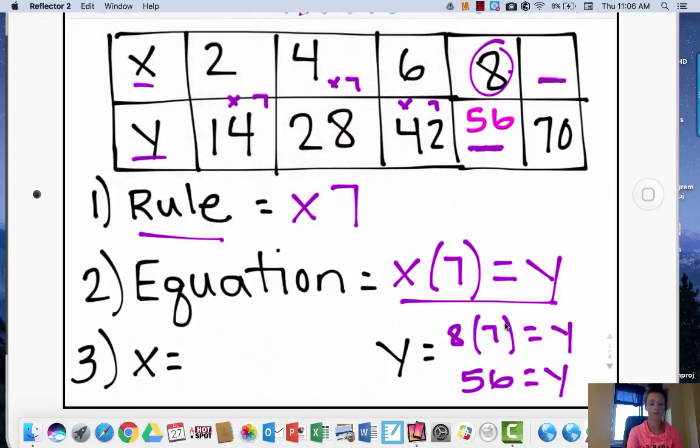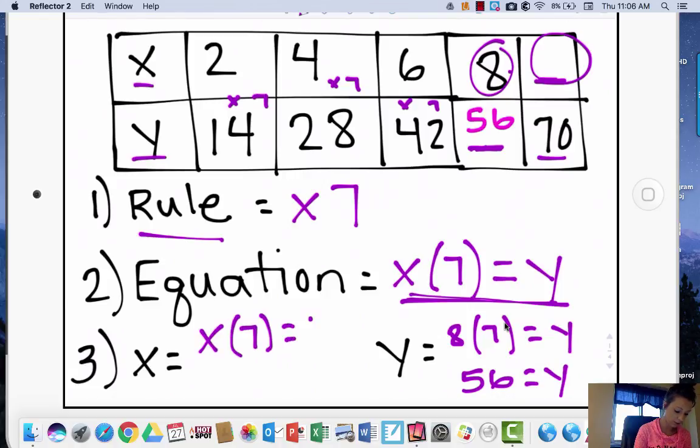Same thing for my missing x. I can use the same equation that I came up with, but instead of plugging in 8 for x, I'm going to plug in 70 for y. So let's look. I'm going to say x times 7 equals 70.